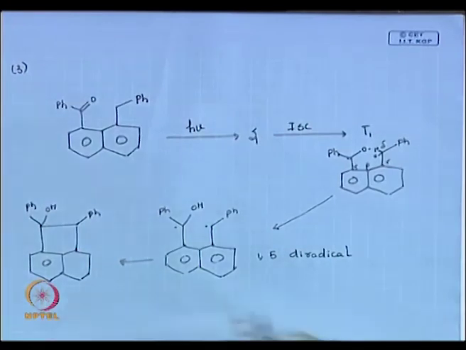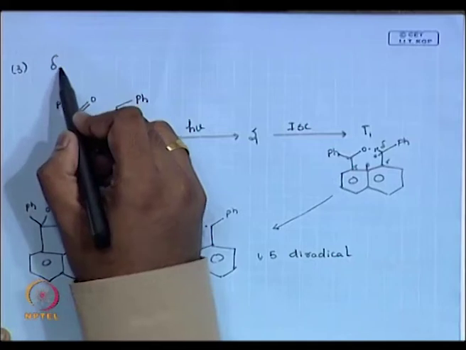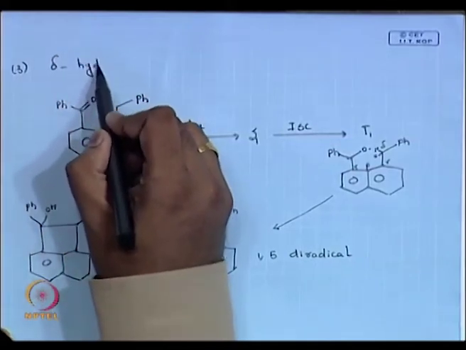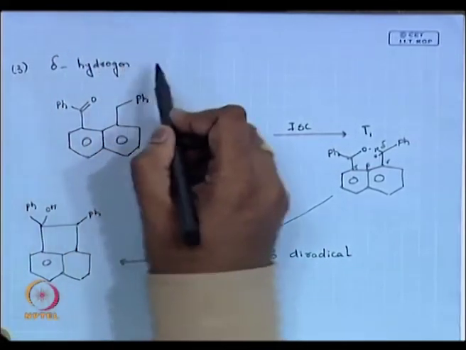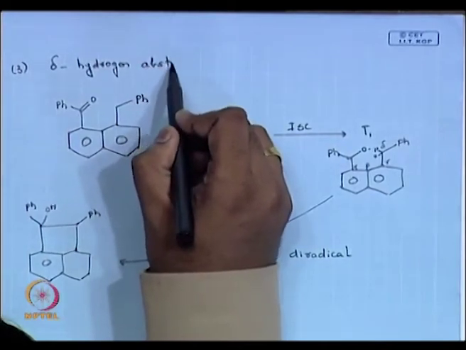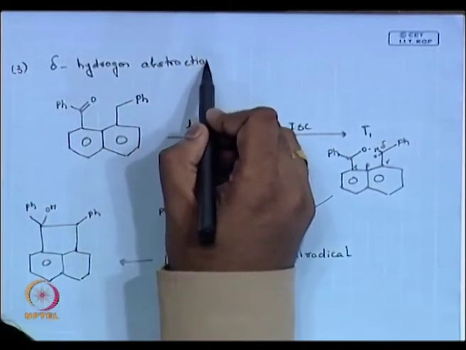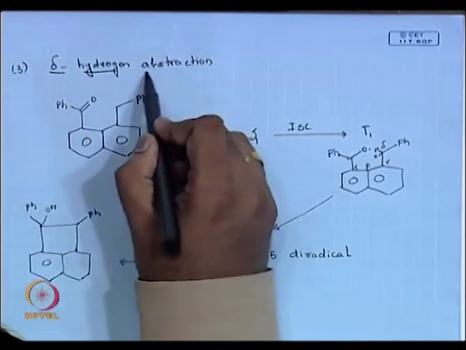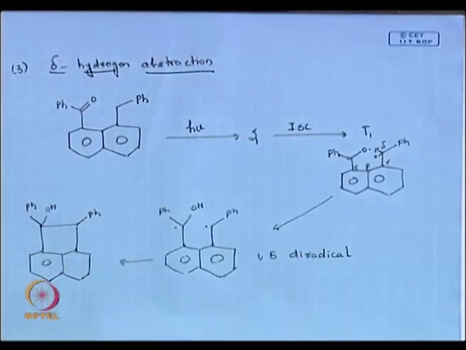Right. So, it can do delta hydrogen abstraction also. It is more about proximity, okay, whether that carbonyl can take that hydrogen, rather than distance. It is also about proximity.